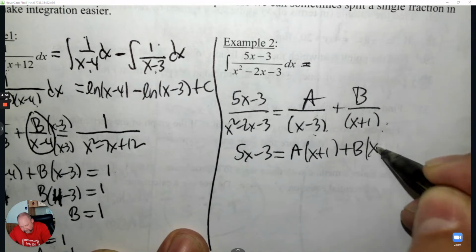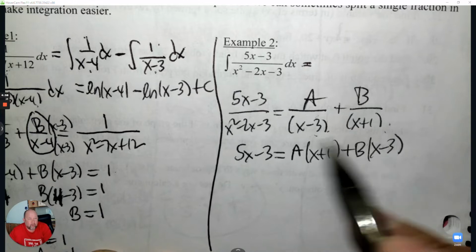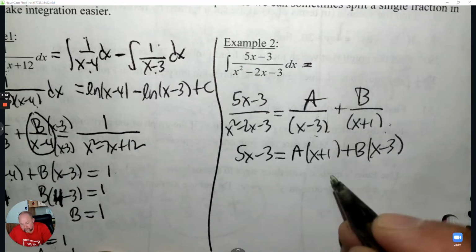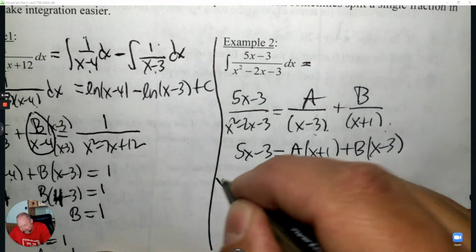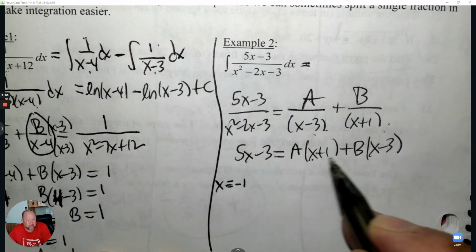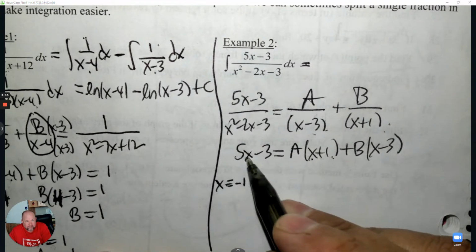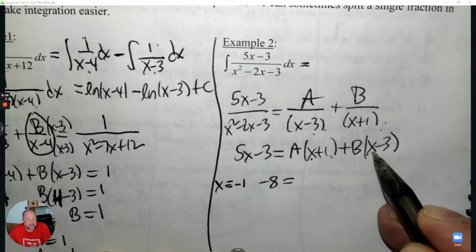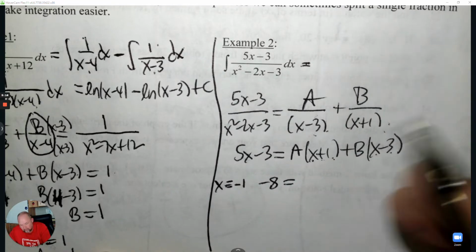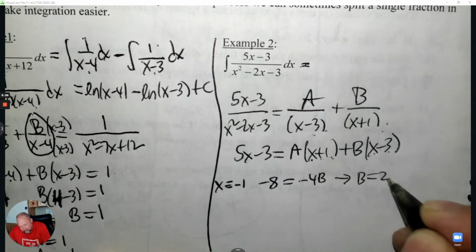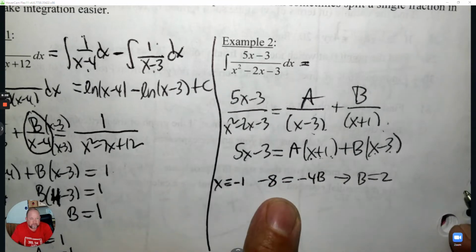And I only look at the numerators then. And now I focus on the zeros. So if x equals -1, then what am I left with? So -5 take away 3 is -8. And -1 take away 3 is -4b. And then when I divide, b is equal to 2.